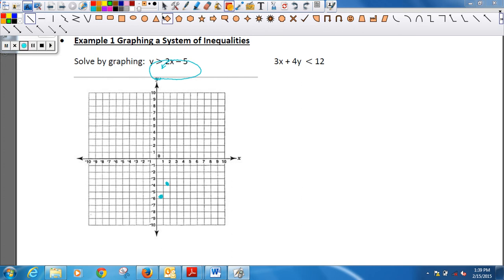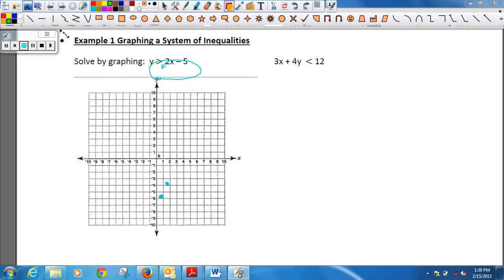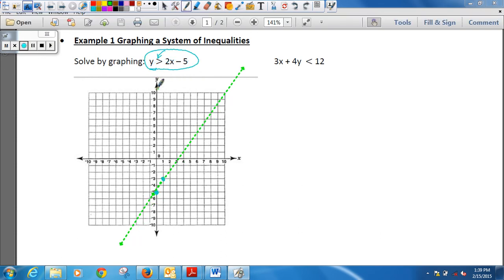There we go. So now it is going to work for me. So I want this dashed line. And then I have to decide what side to shade.